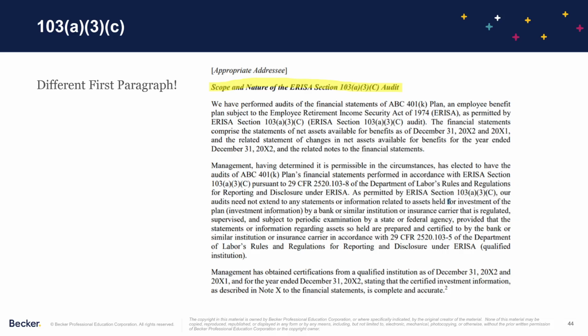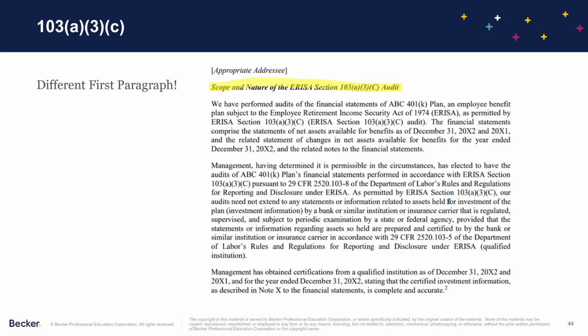What does that mean? It says, as permitted by ERISA section 103(a)(3)(C), our audit need not extend to any statements or information related to assets held for investment of the plan, aka investment information, by a bank or similar institution or insurance carrier that is regulated, supervised, and subject to periodic examination by state or federal agencies, provided that the statement or information regarding assets so held are prepared and certified to by the bank or similar institution or insurance carrier in accordance with 29 CFR 2520.103-5 of the Department of Labor's Rules and Regulations for reporting and disclosure under ERISA.